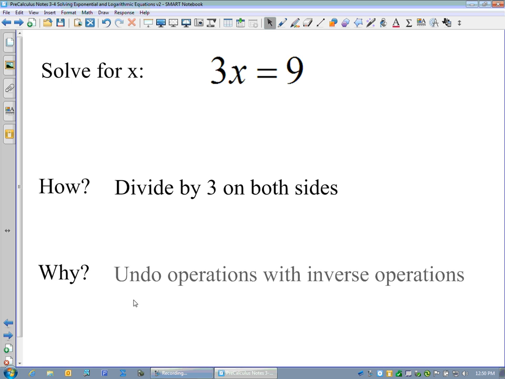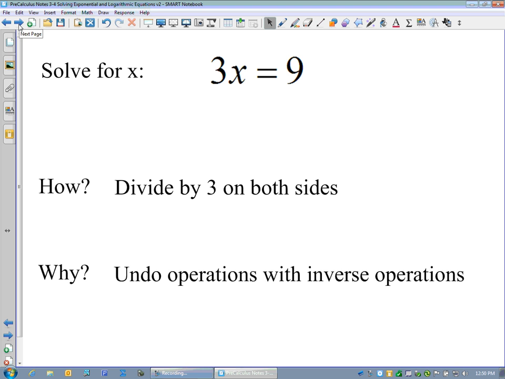So here the key is we undo operations with inverse operations. Now until now, the only inverses you've had are addition, subtraction, multiplication, division. But now, as we've seen in the last couple of sections, logarithms are the inverse operations of exponential functions.